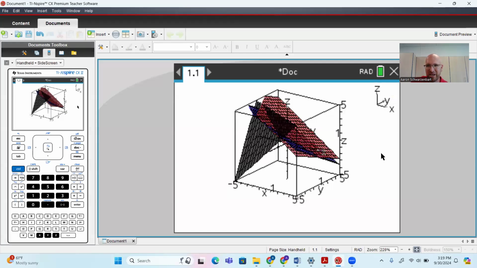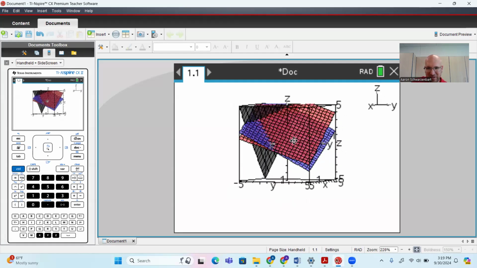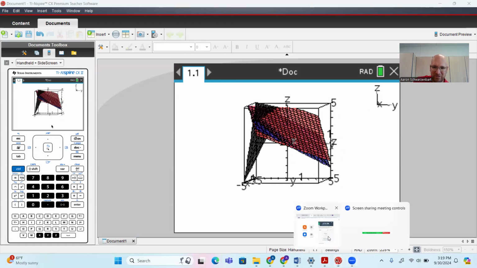We've got three planes, which are like surfaces of paper or flat surfaces cutting through space, and they intersect at a single point. This is one of the other ones. You can spin it around. It looks like it's somewhere in here for that particular one. 3D graphing is a little hard to visualize in two-dimensional space. Okay, we're going to get a couple more examples and we'll go back to the whiteboard.